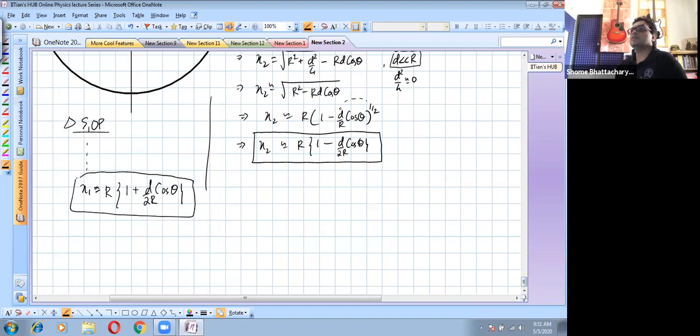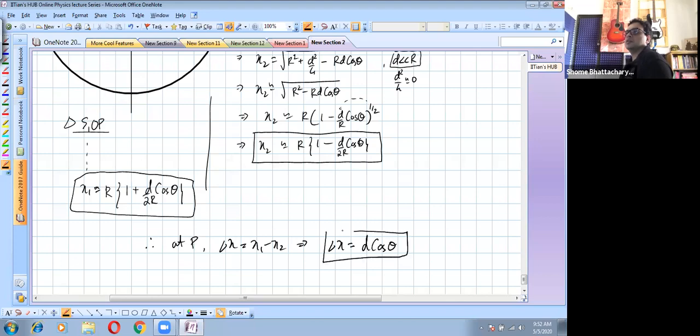So at that general point P at angle theta, you can see the path difference x1 minus x2 becomes this minus this. So when you work that out, you will see that it is equal to d cos theta. Okay.